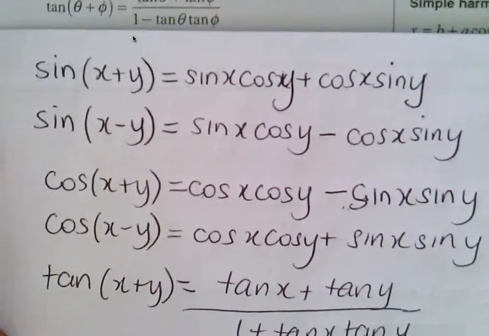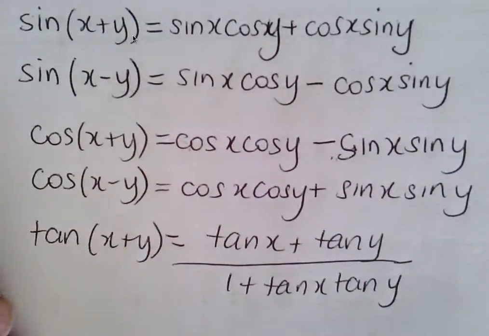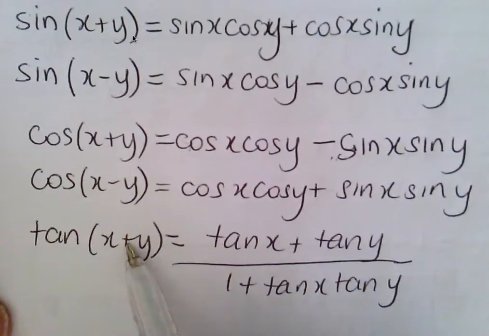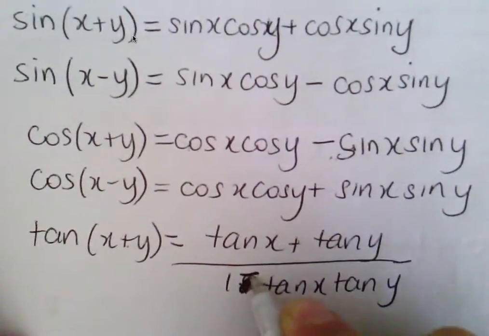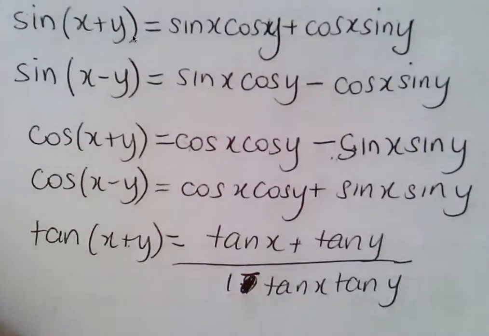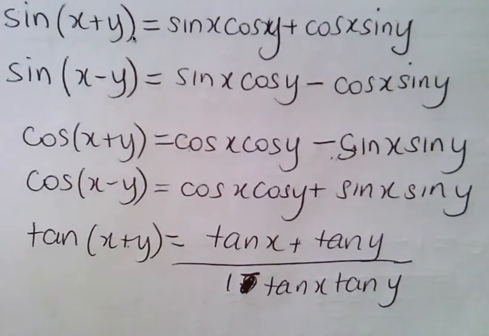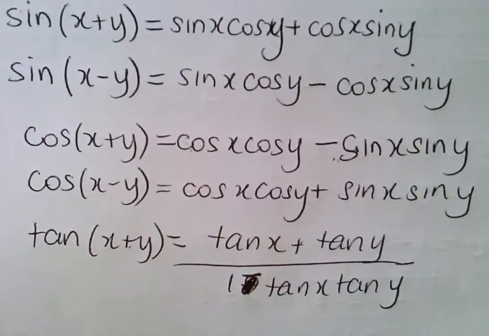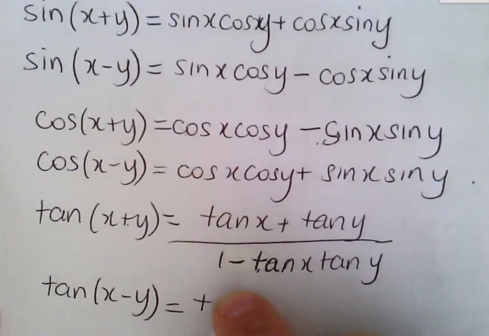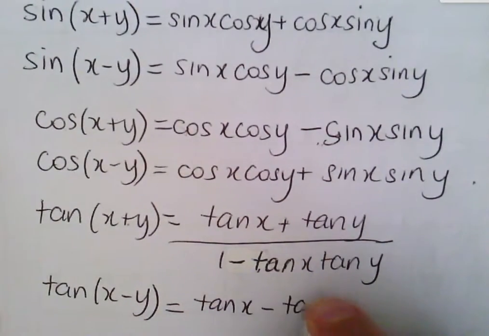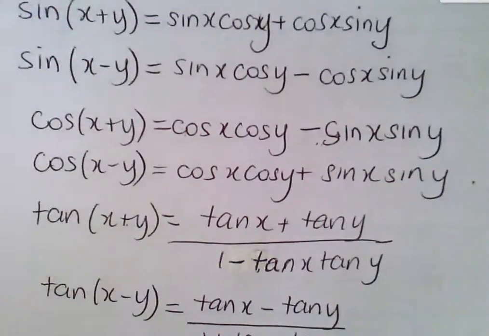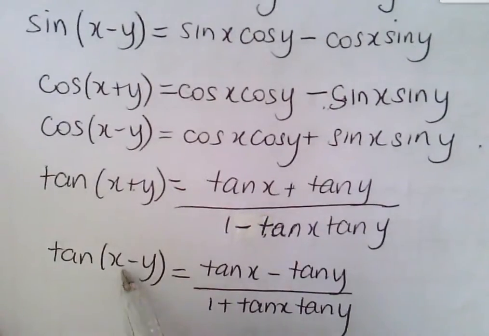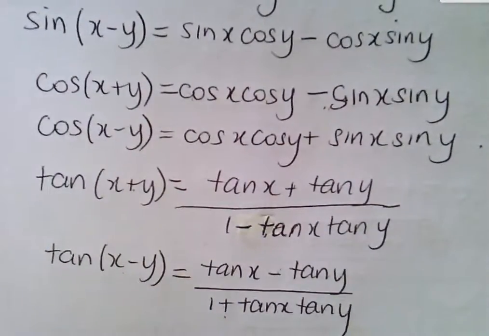So we're noticing for this one that if there's a plus in the x plus y, there's a plus on the numerator and a minus on the denominator. Tan of x minus y, therefore, is tan x minus tan y over 1 plus tan x times tan y. So when there's a minus here, there's a minus on the top and a plus down the bottom.